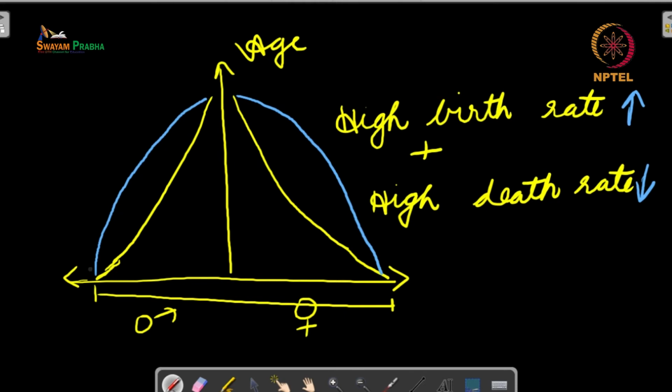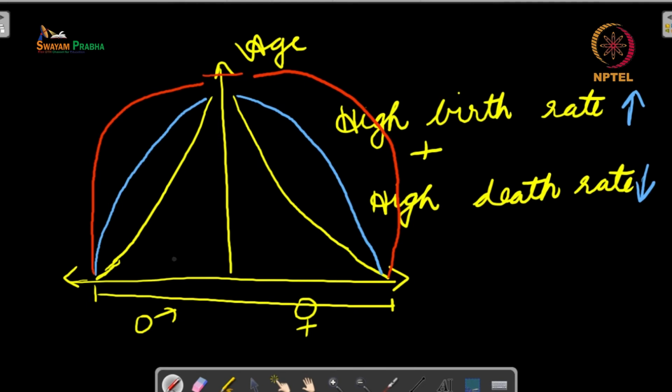But at much later stages, we would have a situation where the curve becomes something like this, showing that any child that gets born in this society is able to live to a very ripe age, and at a certain age people have to die, so they die. So in this case, we have a roughly constant population. The population is neither increasing nor decreasing.